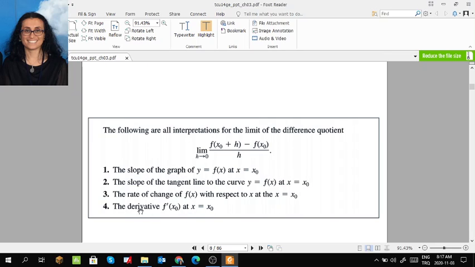And the last one, the fourth one, is the derivative f prime of x0 at x0, the general name for all these applications. Whenever we talk about the derivative of a function at a point, in applications they may be referring to the slope of the tangent line, the slope of the graph, or the rate of change of the function. So these are all we have here.